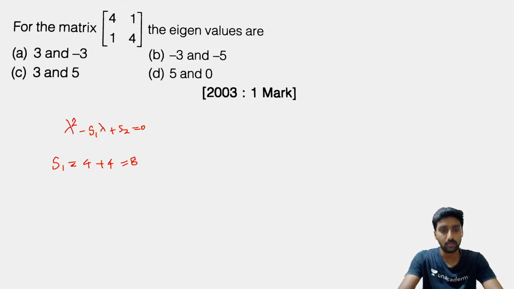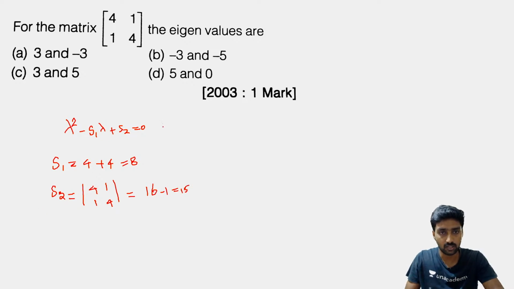Next, S2 is the determinant of the given matrix [4 1; 1 4]. What will be the value? 16 minus 1, it's equal to 15.